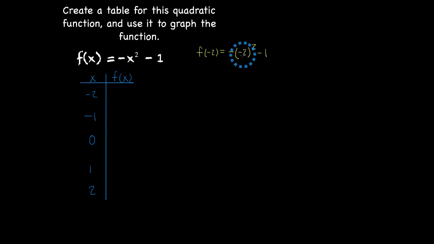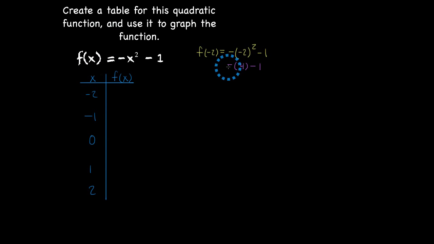So my first focus is on exponents. So negative 2 times itself is 4. So negative 2 squared is 4. So I have negative 1, remember, that's a negative 1 outside the parentheses, times, well, negative 2 squared was 4. So I'm going to put a 4 here. 4 minus 1.